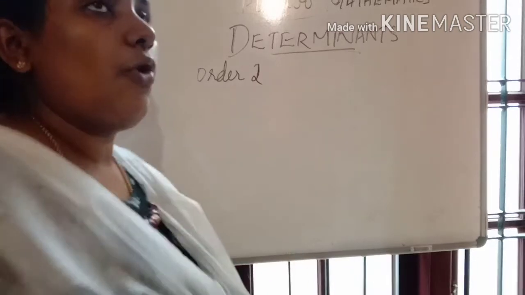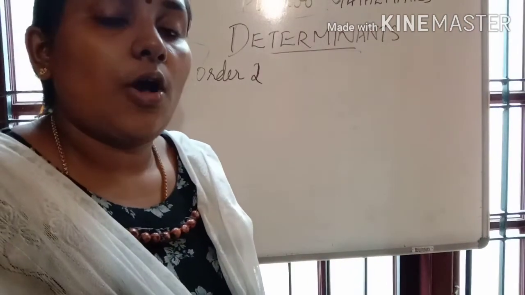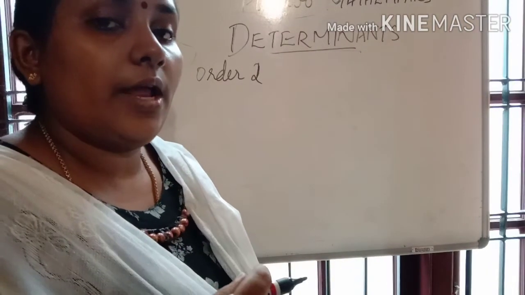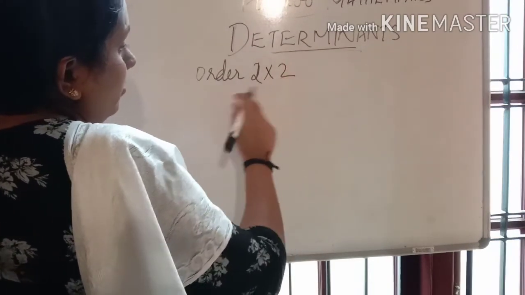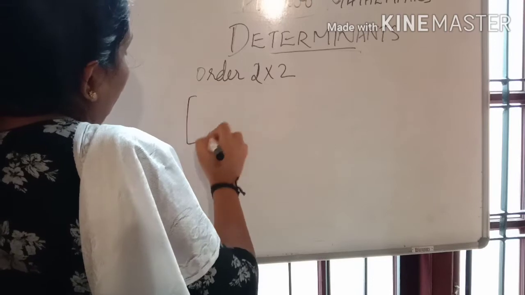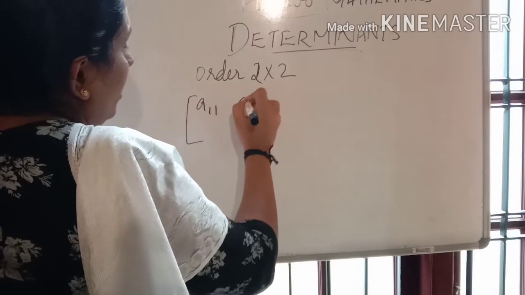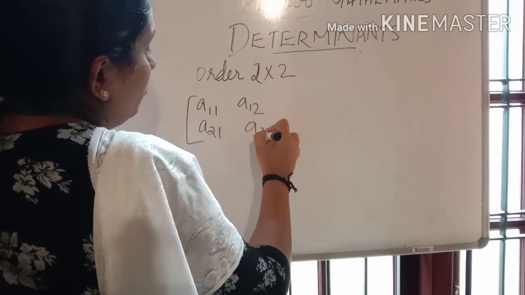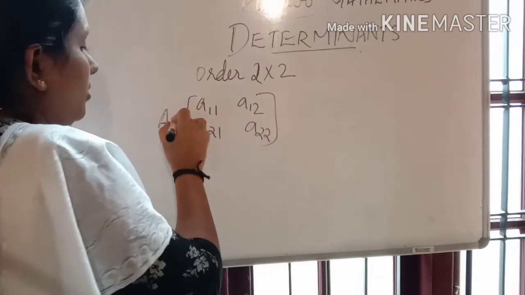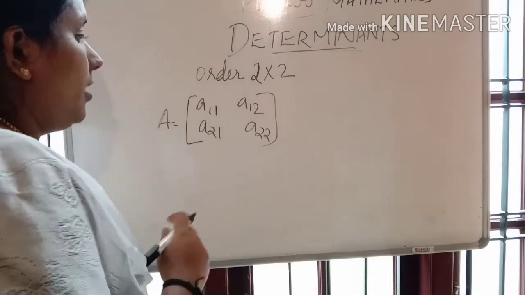If we write the determinant of a matrix having order 2 by 2, then the entries will be a11, a12, a21, a22. This is the matrix, and here we are going to find the determinant of this matrix.